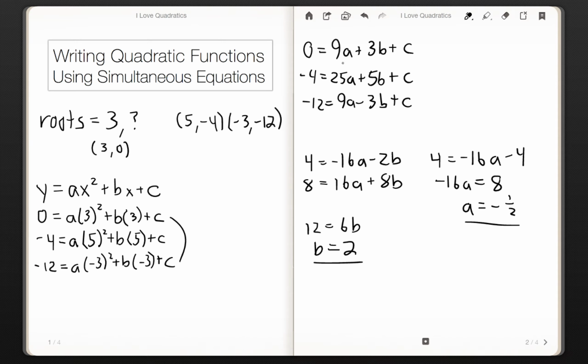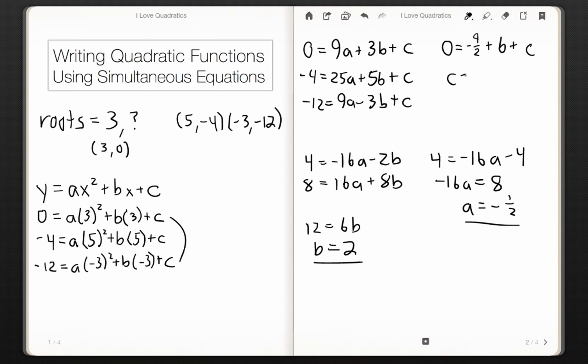And now finding c will be very easy. We can take any of these three equations to substitute a and b back in. If we use the first one, we'll get 0 equals 9 times negative 1/2. That will be negative 9 over 2 plus 3 times 2, plus 6, plus c equals 0. So this is over here, this is 3 over 2.